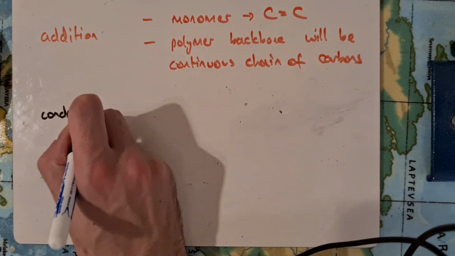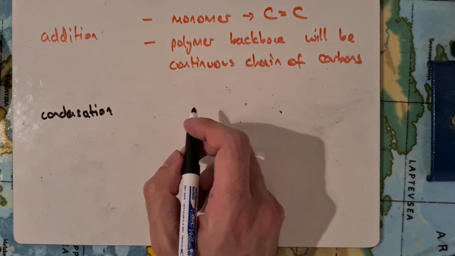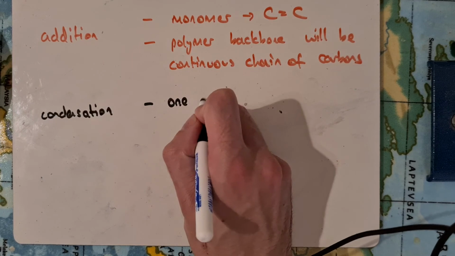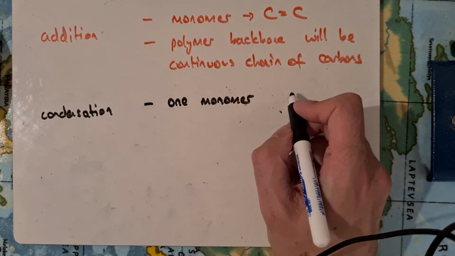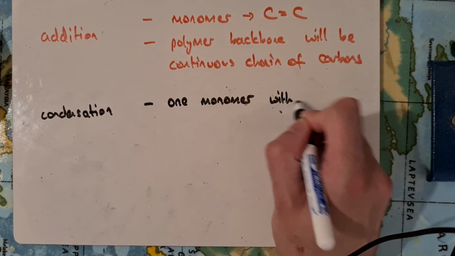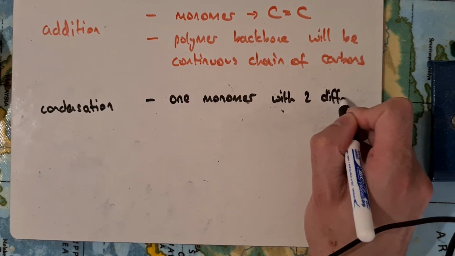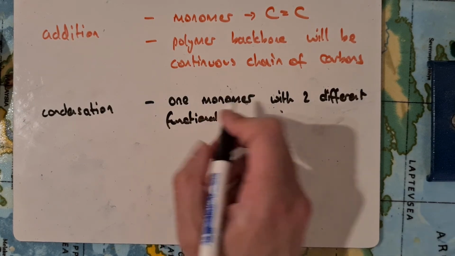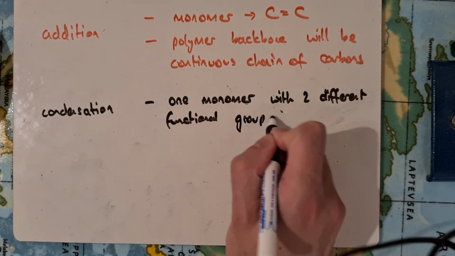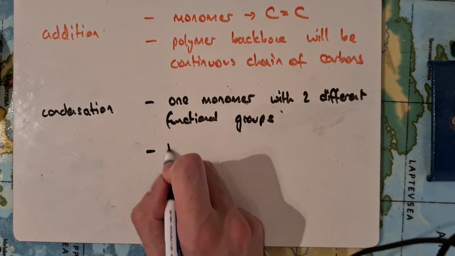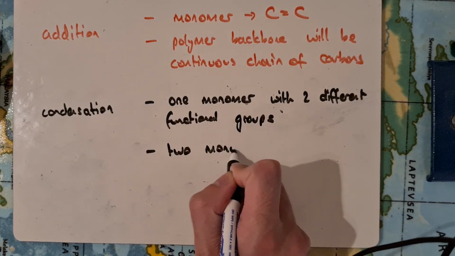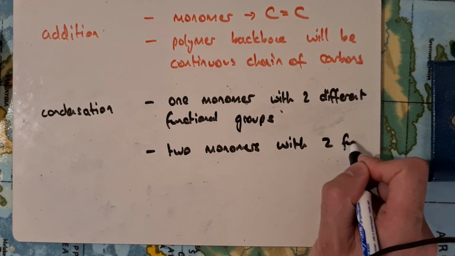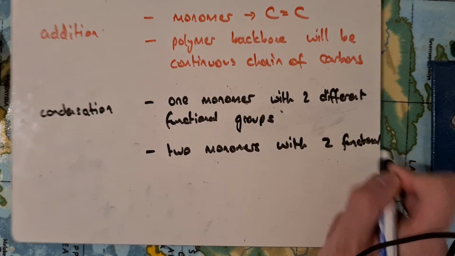Condensation polymers will have either one monomer with two different functional groups, or two monomers with two functional groups on each.